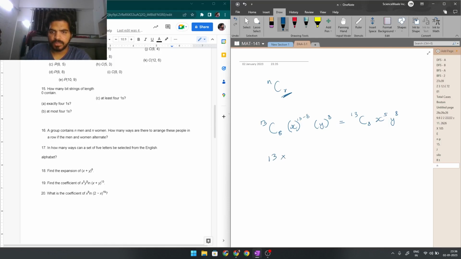Let's solve once. So it's 13, 12, 11, 10, 9. This will be cut off by 8 factorial upon 5 factorial, 5, 4, 3, 2.